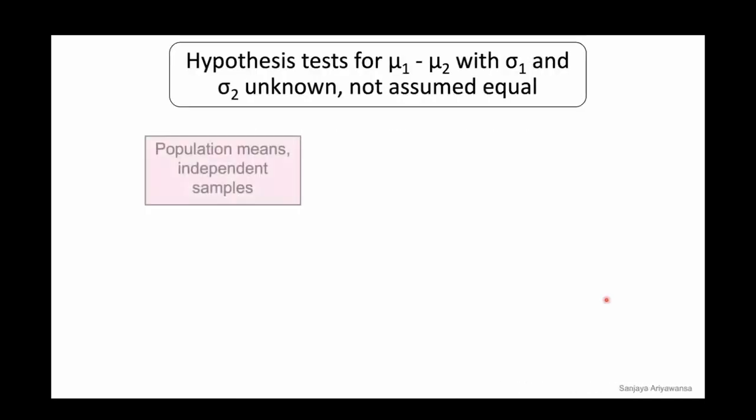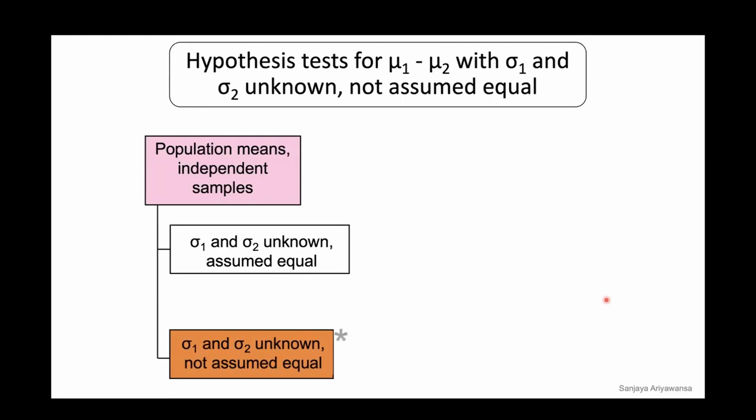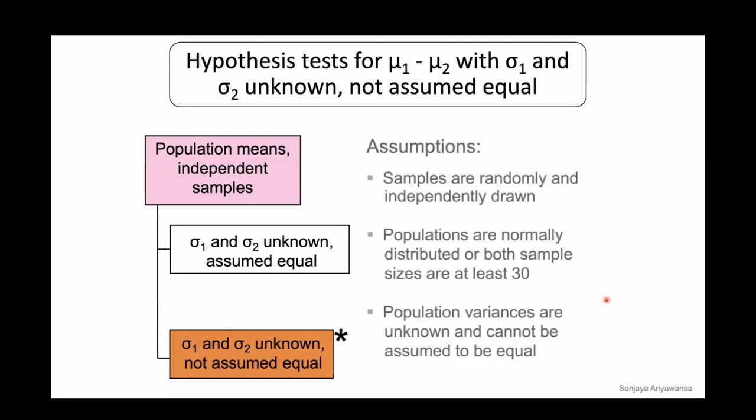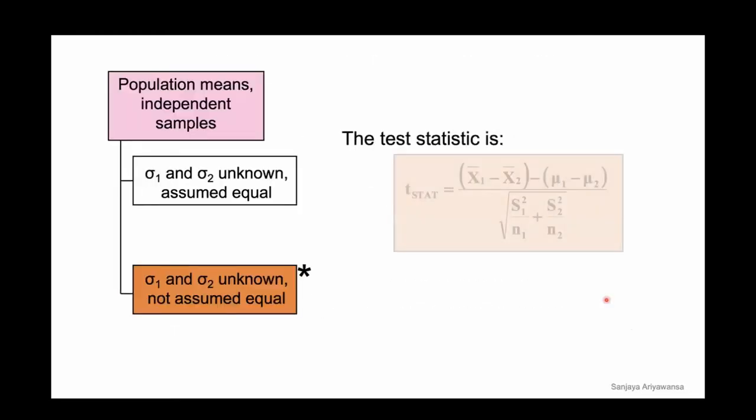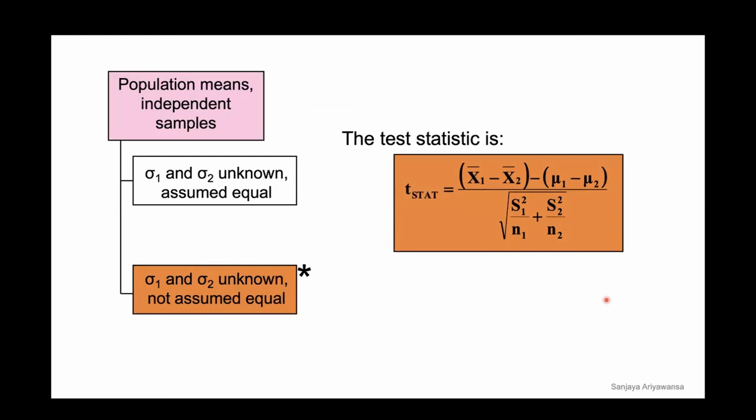That is the next scenario, right? So in that case, the test statistic that we are going to use is this. What changes here is the denominator, because in this case you're using sample variance of S1 and S2.